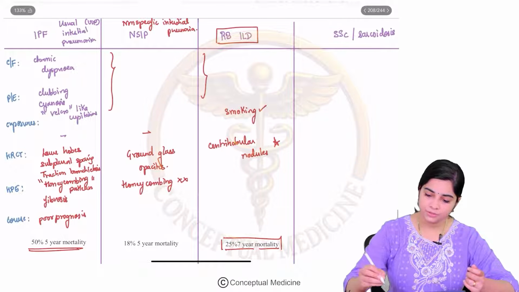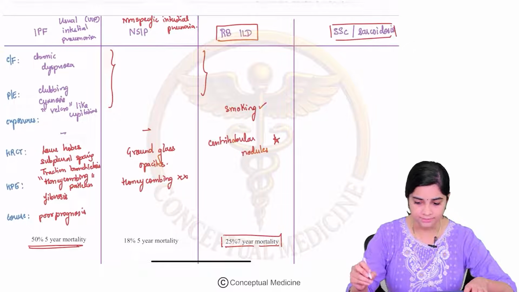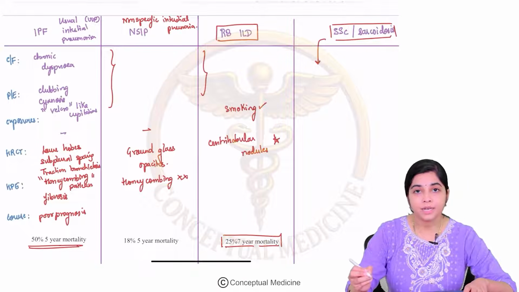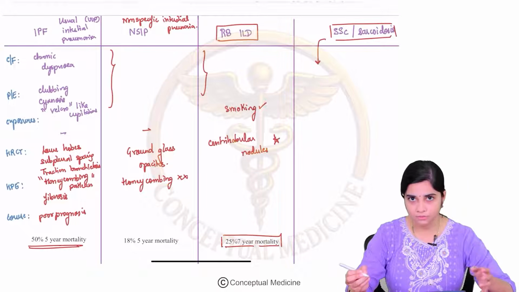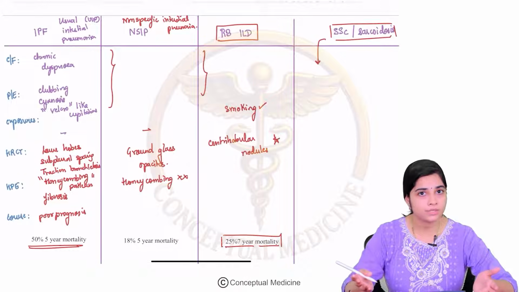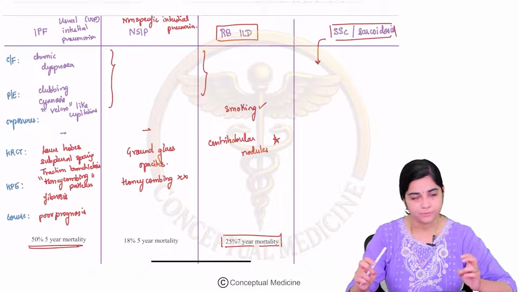Then we will look at the next pattern, which is systemic sclerosis and sarcoidosis associated ILDs. Okay. Systemic sclerosis. Now in systemic sclerosis, are there any exposures? Most often not. Though sometimes we do say that exposure to aromatic hydrocarbons and certain toxins can result in systemic sclerosis, most often we do not find any exposures.